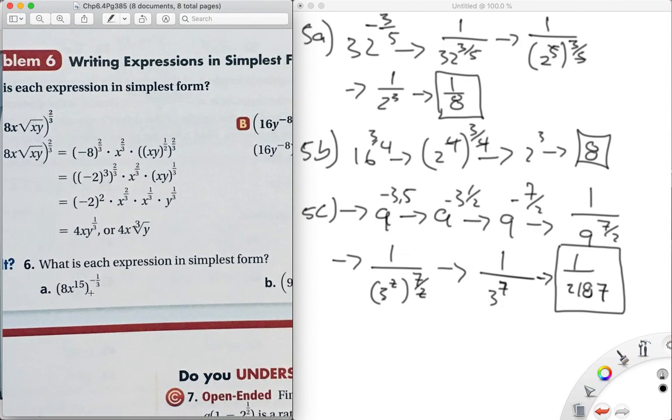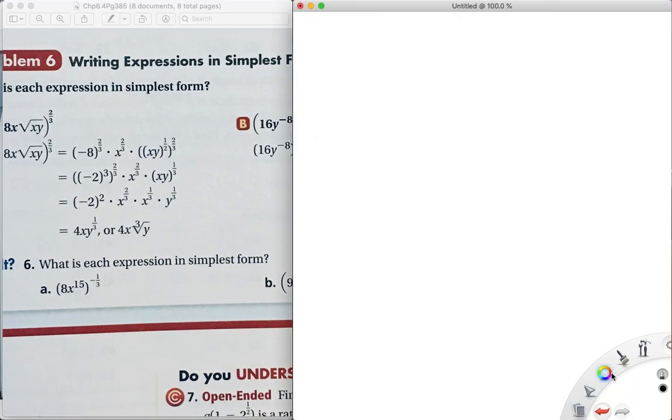What is each expression in its simplest form? Here I have 8x to the 15 raised to the negative 1/3 power. So we're multiplying these guys, right?